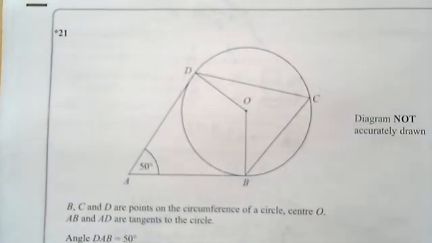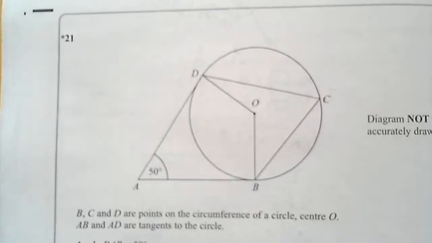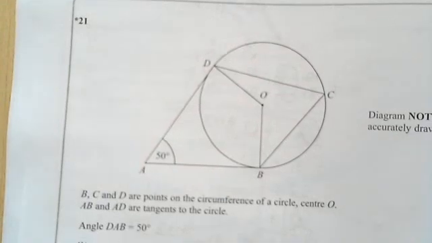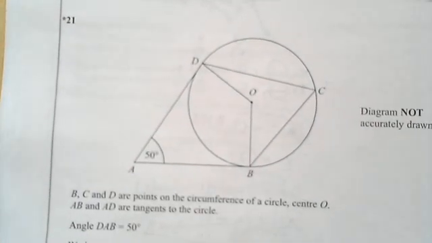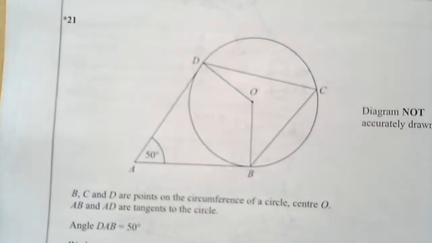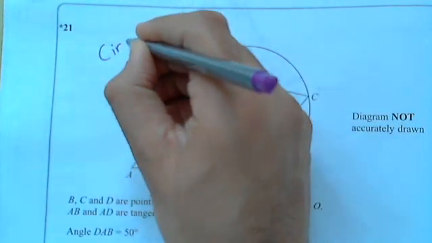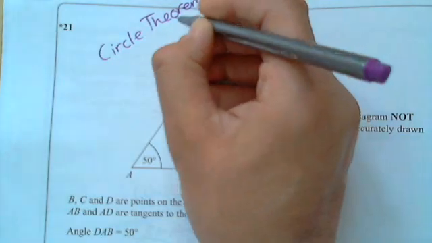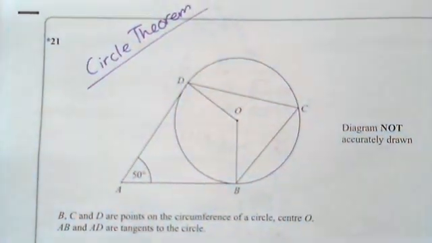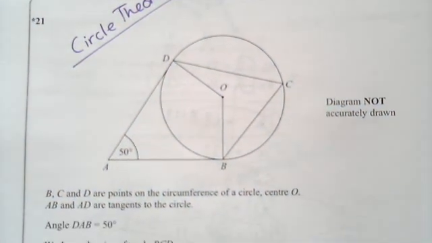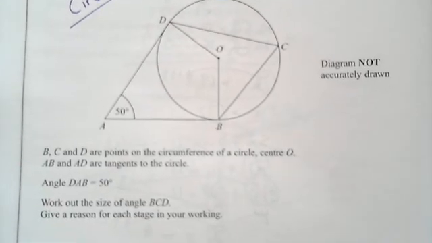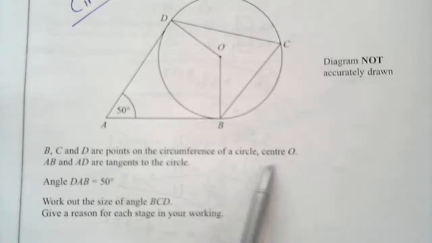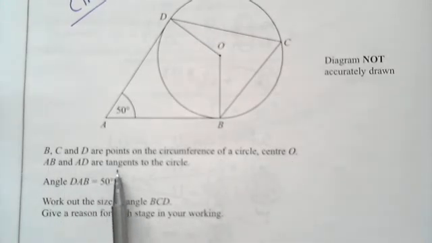Okay, next question. Question number 21. We have our circle theorem question. B, C, and D are points on the circumference of a circle, center O. AB and AD are tangents.